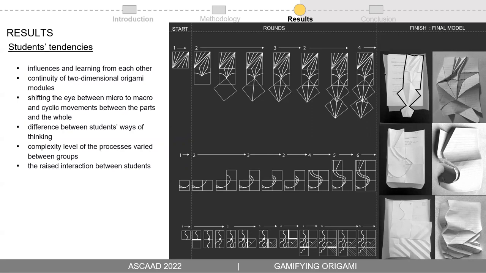Others solely focused on the properties and relations between the parts of single modules. While the first module ruled the whole process in a group of works, the other group's choice of the transformation type caused the dominance of the first module to fade.